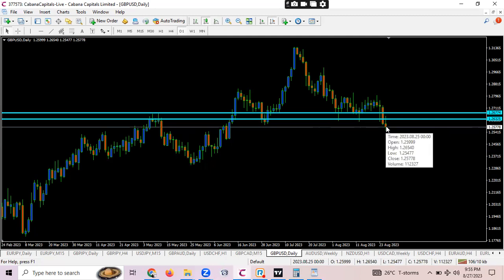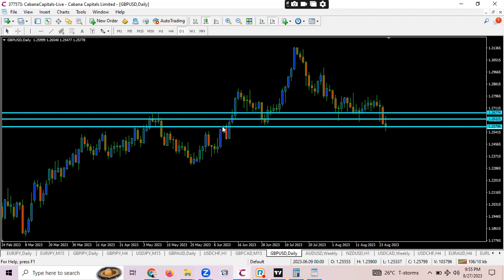If you look at this spinning bottom, if you go back here, you would see that we had that candle sitting on a previous resistance and support. Can you see it? If you go back here also, we had supports, resistance, supports. So that could be the reason for this rejection.